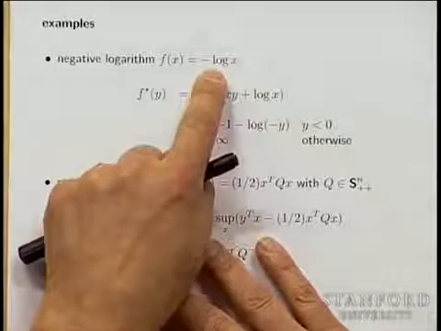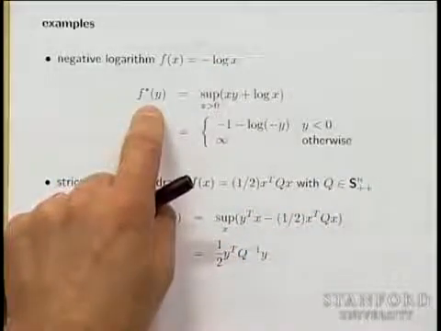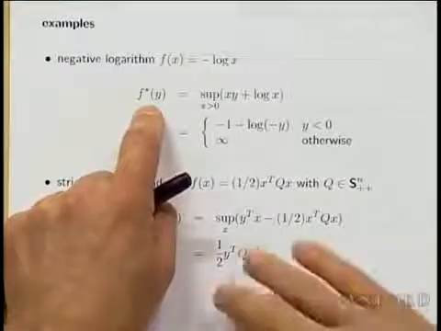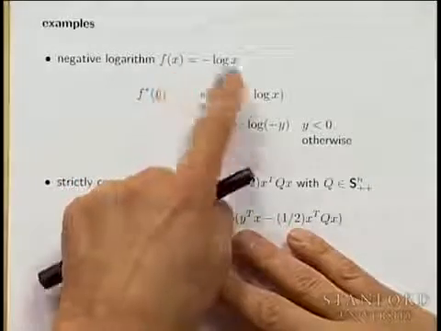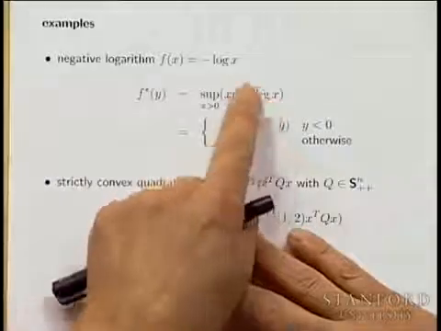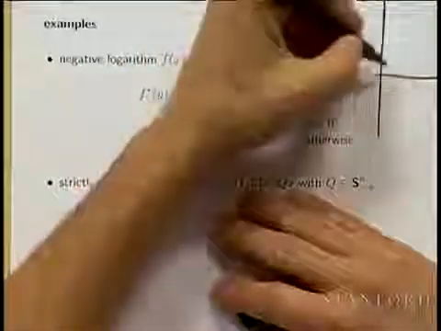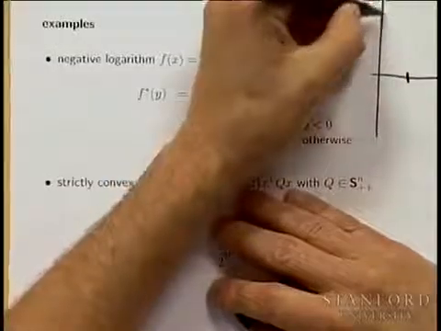Let's calculate its conjugate. Now, of course, I can calculate the conjugate of the logarithm if I want. I can calculate the conjugate of anything I like, but we're interested mostly in conjugates of convex functions. So let's take a look at this function. It looks like this. I guess that's the negative log.